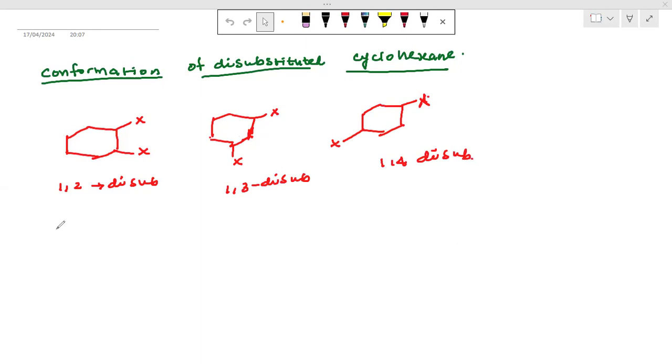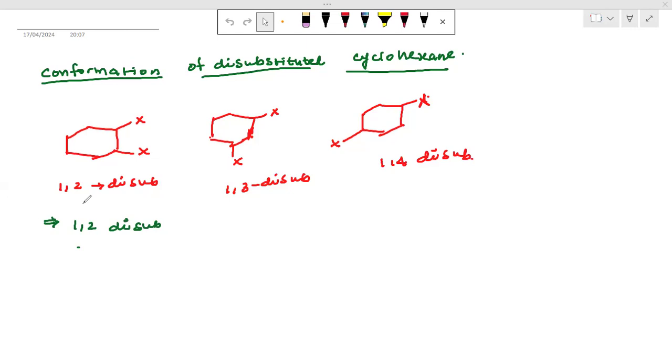Below that, write 1,2 disubstituted system. Among these three, 1,2 disubstituted only is showing the geometrical isomerism.